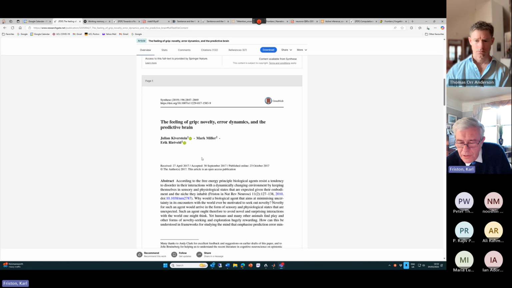But if you read attention in a slightly different way, as optimizing the precision of your likelihood mapping in a context-sensitive fashion, then you can start now to talk about the epistemic affordances, which I think you were intimating by using the word salient. This is salient for me because it resolves my uncertainty and has meaning for me, and it dictates the kind of things that I would look towards or sample selectively because they are salient in terms of the agency and the authoring of my policies and plans and actions in this context-sensitive way.